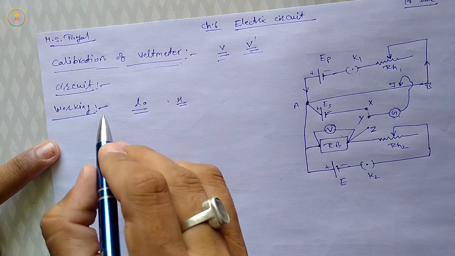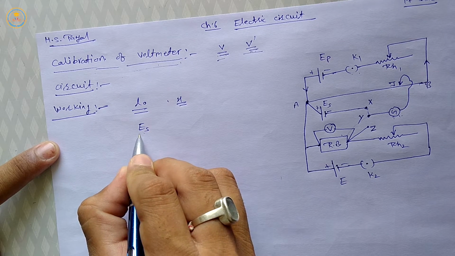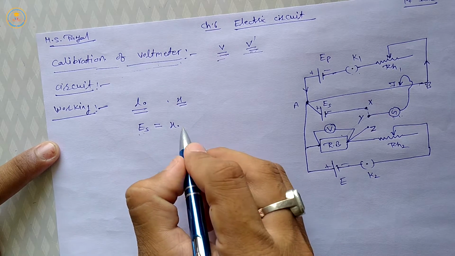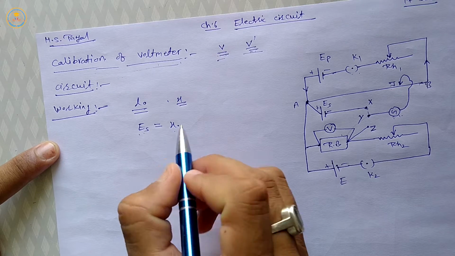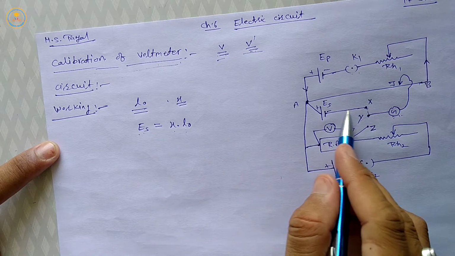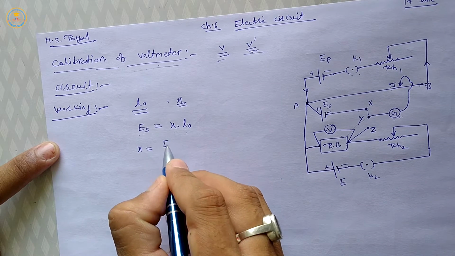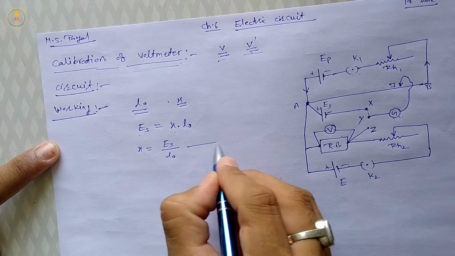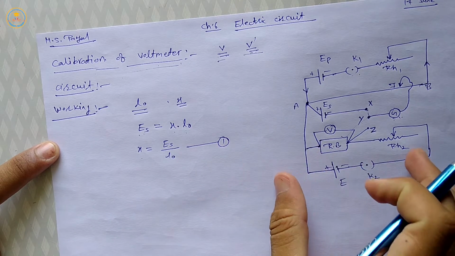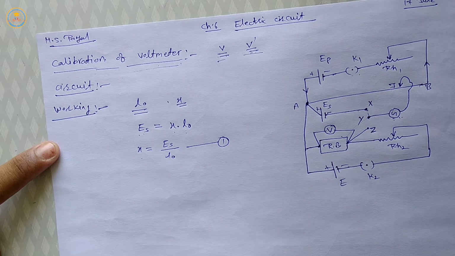So from the principle of potentiometer, ES, the EMF of a standard cell, is equal to the potential gradient, which is the voltage drop per unit length, multiplied by L naught. L naught is the balancing length in first situation. From this equation, X is equal to ES upon L naught. This is equation number 1. This is the potential gradient of this potentiometer, and this process is known as standardization of potentiometer.